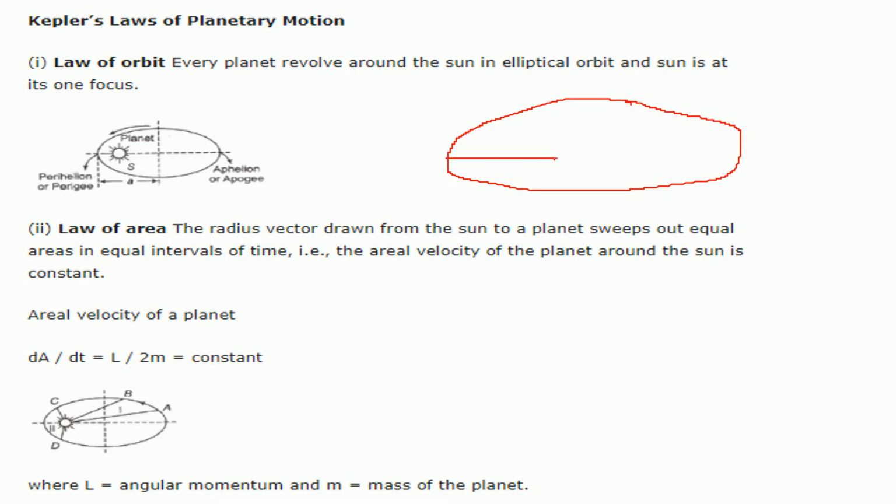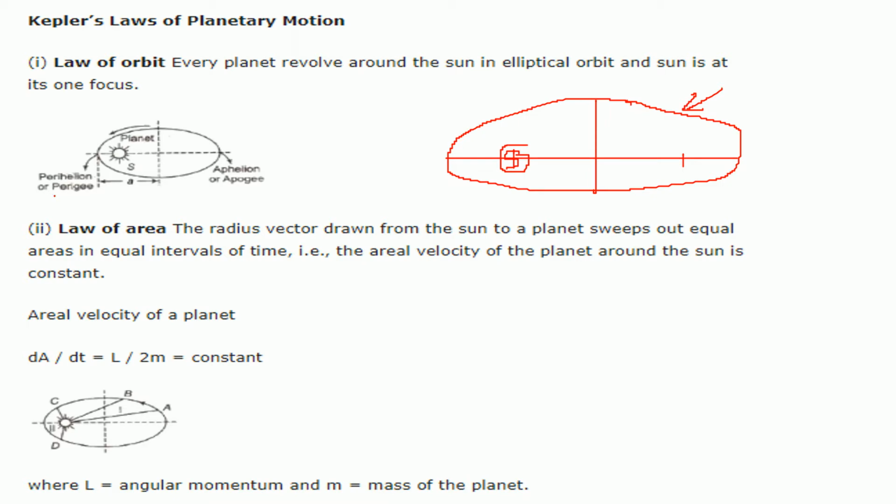Then we have this as the major axis, this as the minor axis. For an ellipse we have two foci, one here, one here. Then the first law, which is the law of orbit, says that every planet revolves around the Sun in this elliptical orbit when the Sun S is at one focus.